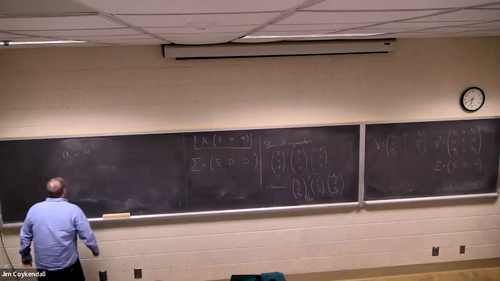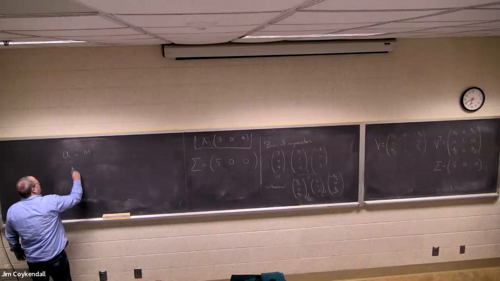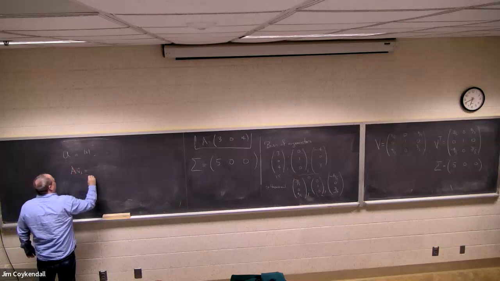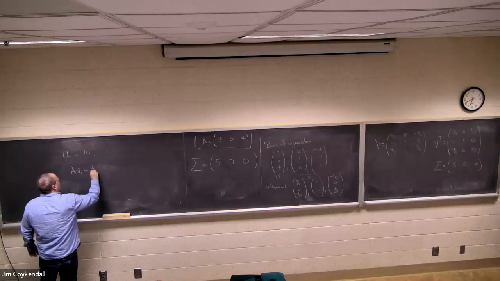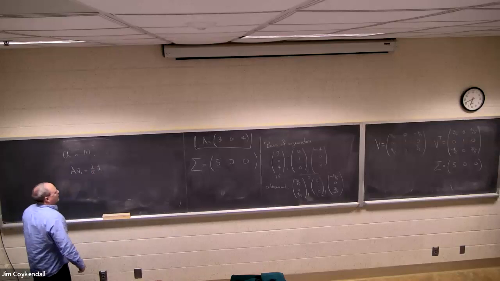If you look at the original matrix A on V_i, it is 1 over sigma_i U_i, if I remember right.